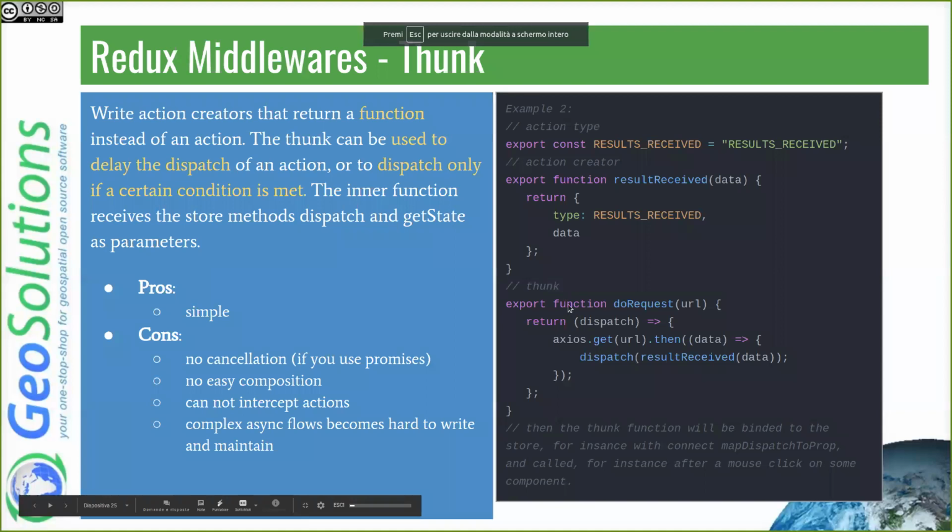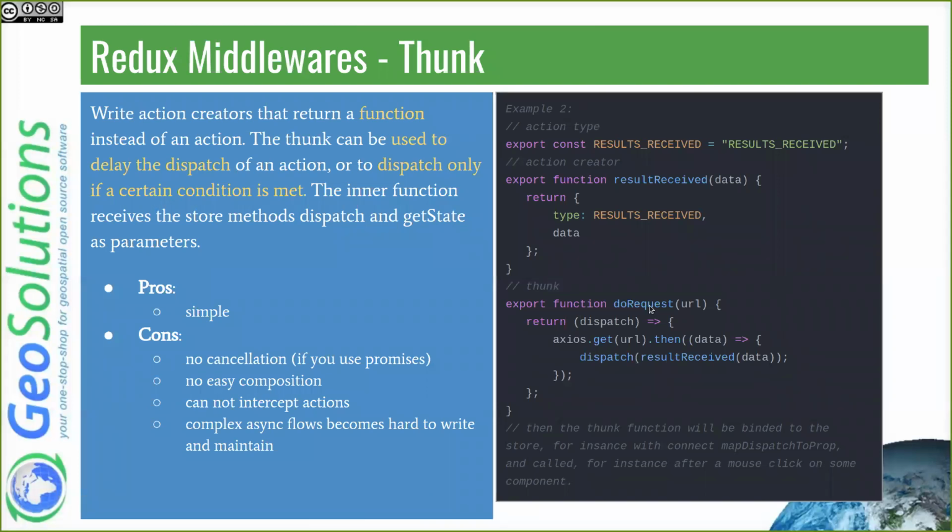As I said, I have this thunk. I can call this function somewhere in my application, for instance on click on get data, and when I dispatch this action, automatically the Redux middleware calls this function and passes the dispatch callback.